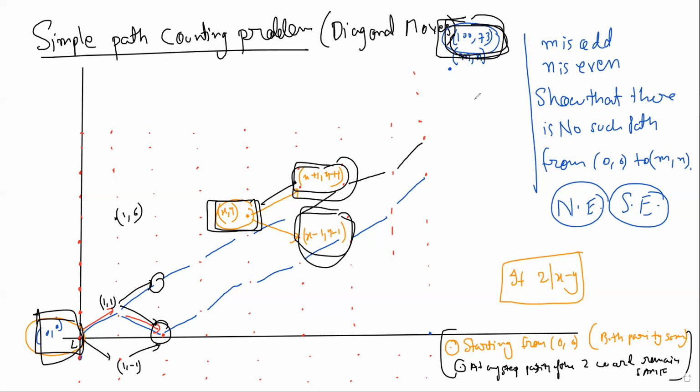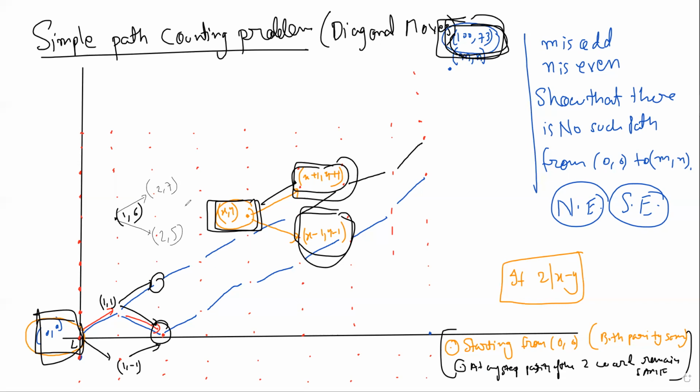The parity of 1 and 6 is different. Now just see where all you can reach, at least in the first few steps. It's a very simple reasoning. You will reach (2, 7), different parity, or you will reach (2, 5), different parities. And you see always the parity will be different wherever you reach.